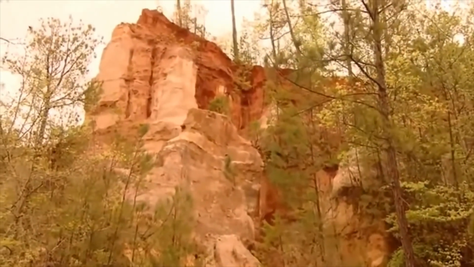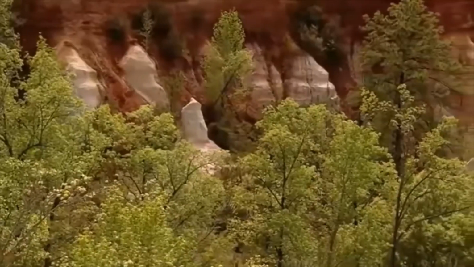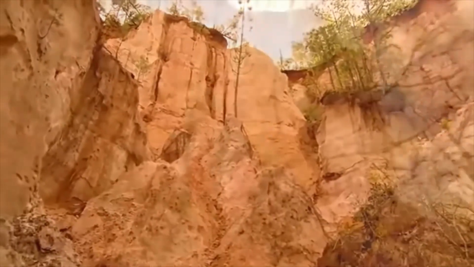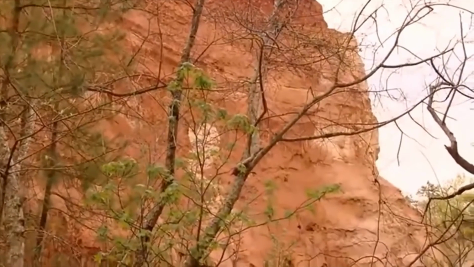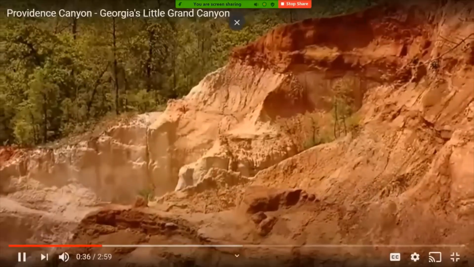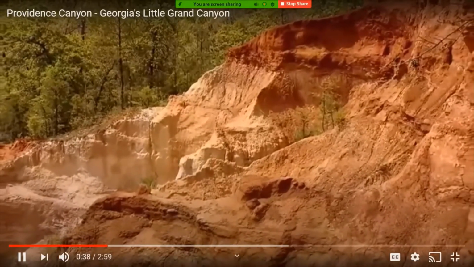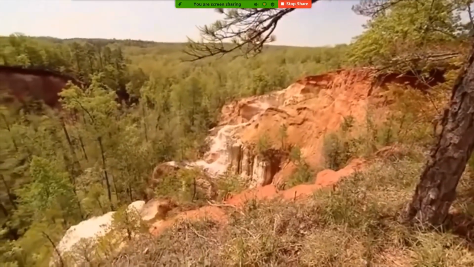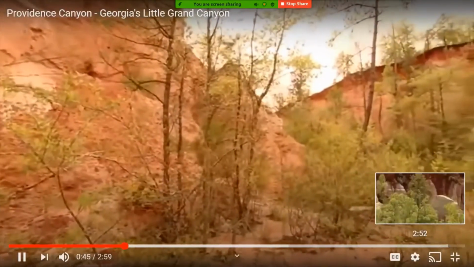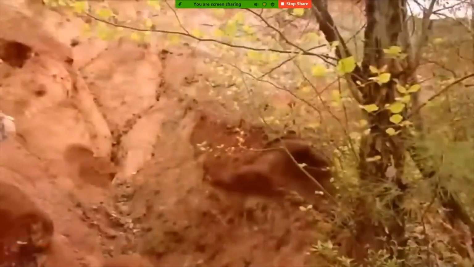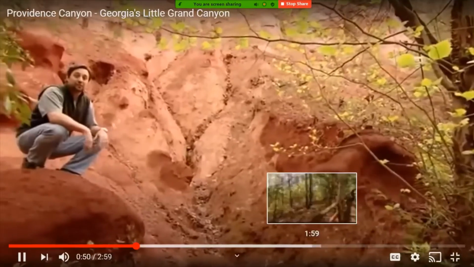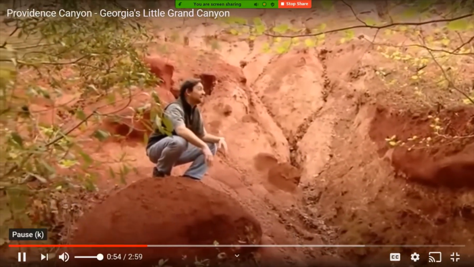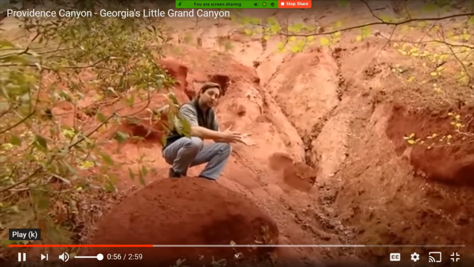About 30 miles south of Columbus and Lumpkin, you will find Providence Canyon State Park. 150 feet down, layer by layer, survey the geology of this rich Georgia soil. 16 canyons offering breathtaking views from the ridgeline scenic overlooks or from the red clay canyon floor. Providence Canyon is one of Georgia's 7 natural wonders, and as you can see, nature has played a major role. But the canyon itself is a result of erosion.